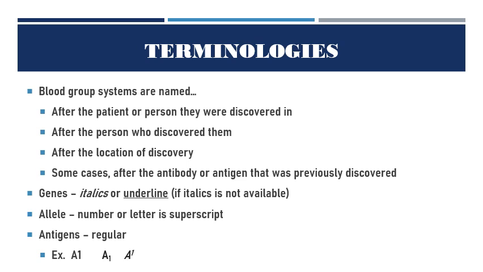For the nomenclature, when writing the genes, it should be italicized or underlined if italics is not available, for example, in writing on paper. The allele should be in superscript and antigens are written in regular manner.